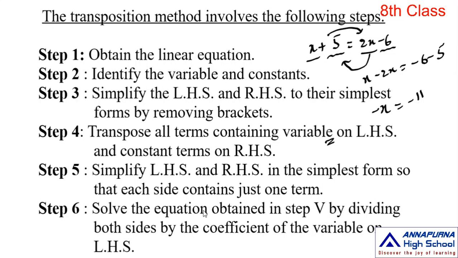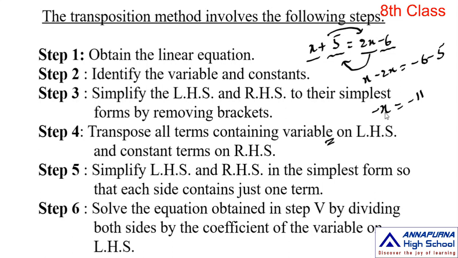Now solve the equation obtained in step 5 by dividing both sides by the coefficient of the variable on the LHS. So what is the coefficient of the variable on the LHS?